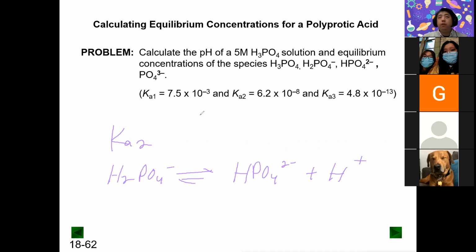In the previous part, I want you to go ahead and calculate what our value of x was, so whatever our H plus value was, also known as our H2PO4 minus value. Anybody have that number?